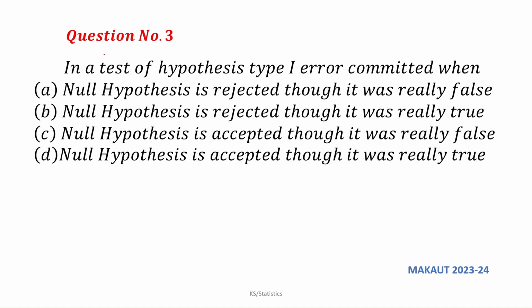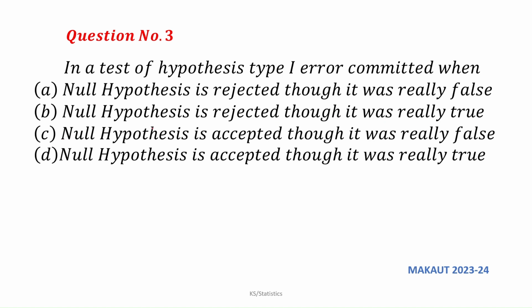Another question is there from test of hypothesis. Question number 3. In a test of hypothesis, type 1 error is committed when option A null hypothesis is rejected though it was really false. Option B null hypothesis is rejected though it was really true.